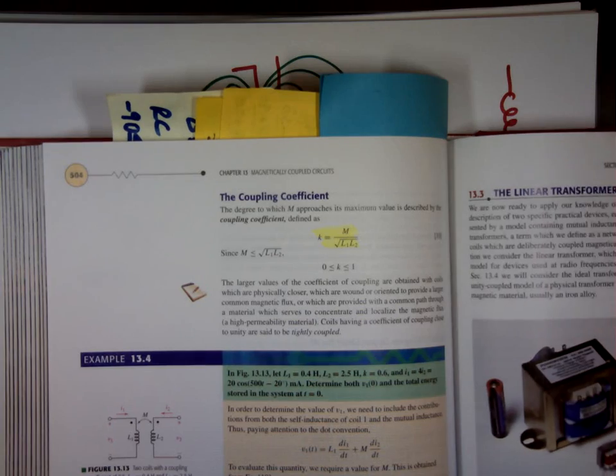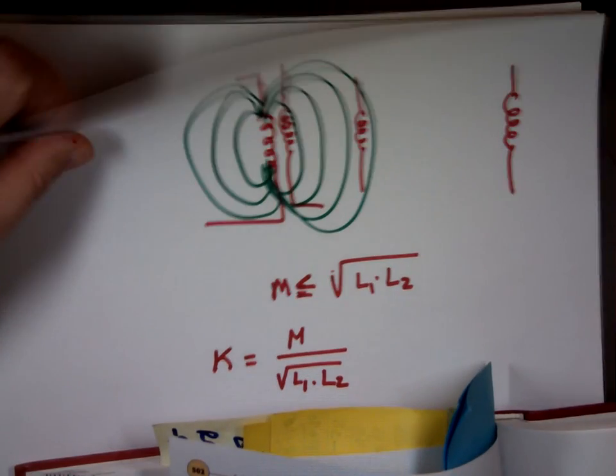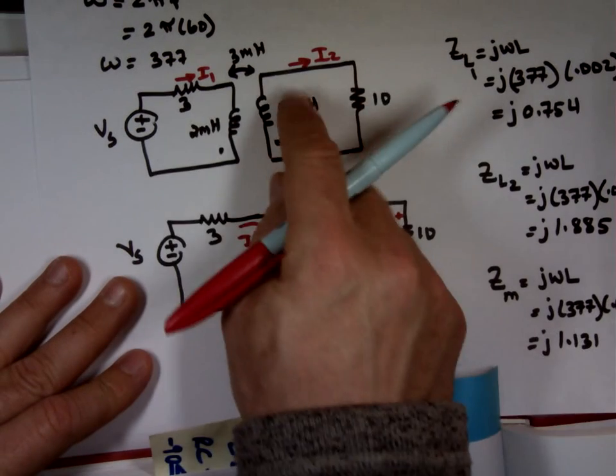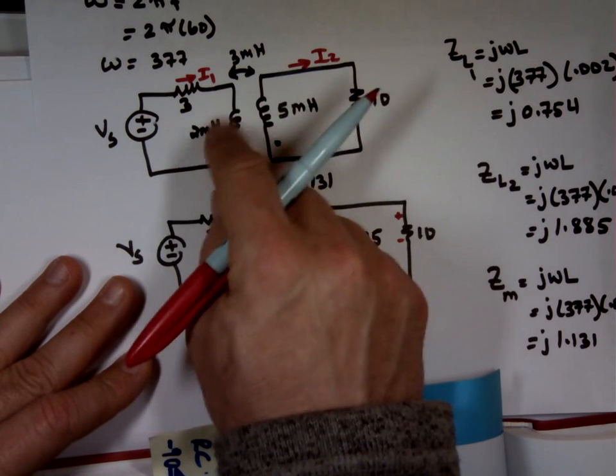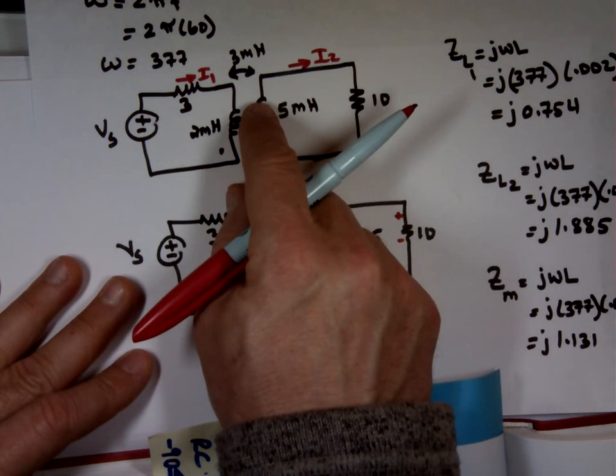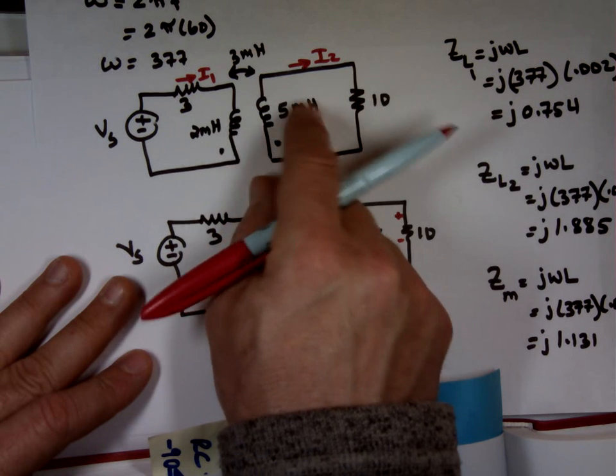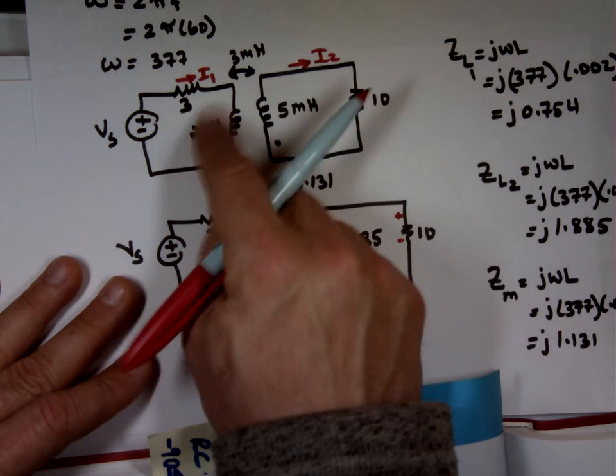Now, a lot of people don't like to write the equation like this. Let me go back to this picture. They asked, is there a way I can replace these two inductors with an equivalent circuit? So let's see if we can find the equivalent of these two inductors.